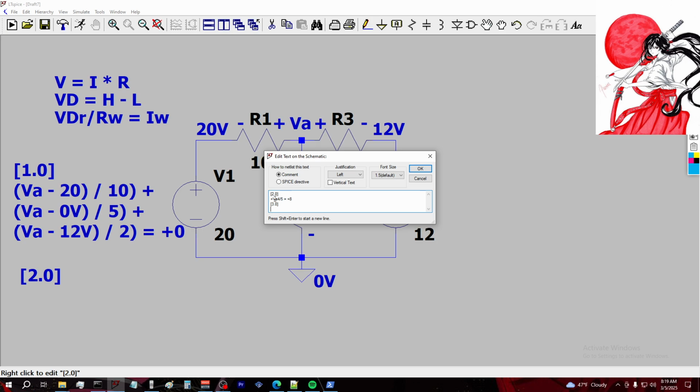So we isolate VA, and then multiply 8 times 5, which is 40. So we have 40 over 4, which is 10.